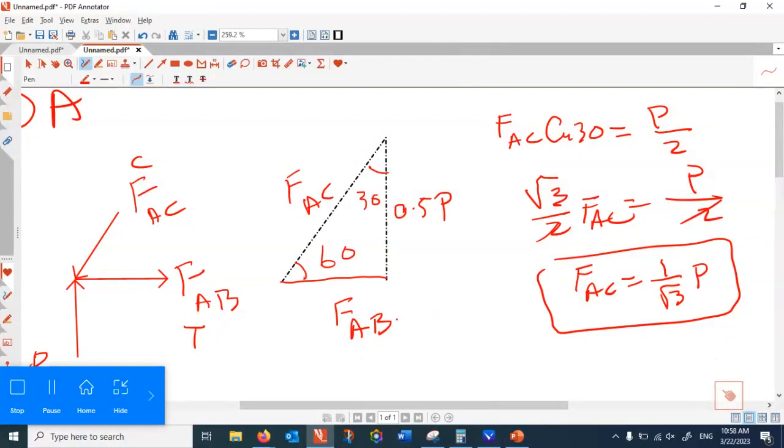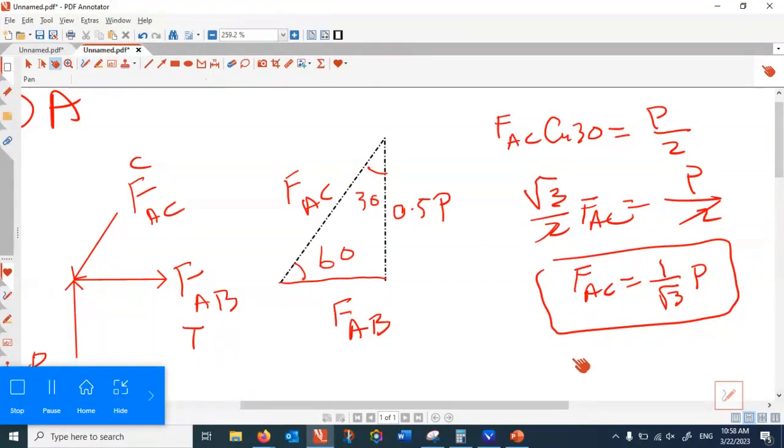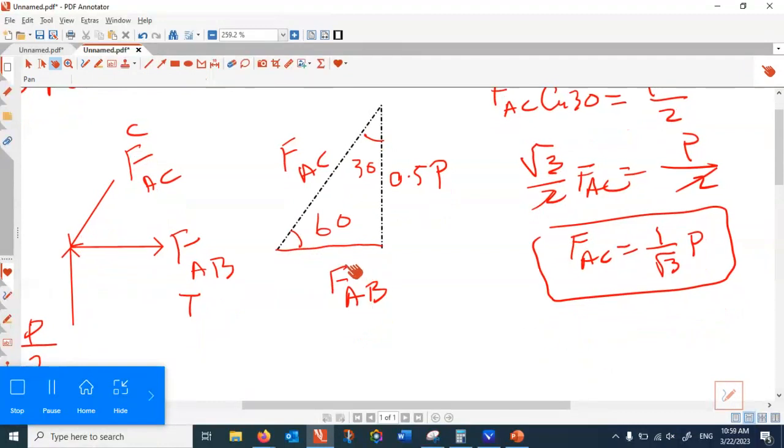And what about FAB? FAC times sine 30 is FAB.